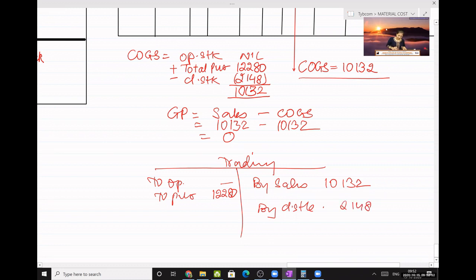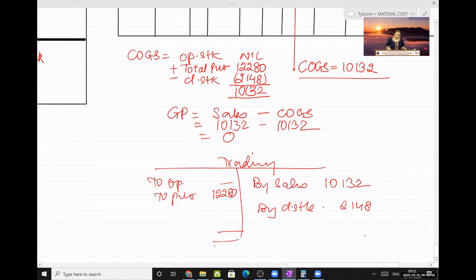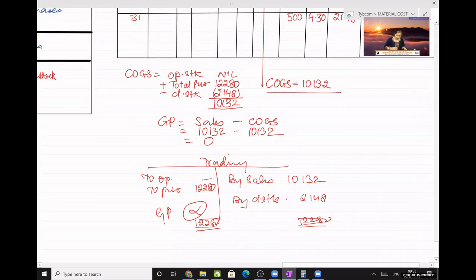So obviously it will tally. See, so this tallies, 12,280. That means there is no gross profit. Okay, clear? Everyone clear with the sum? Yeah. So next lecture, some new concepts, some new type of sums.